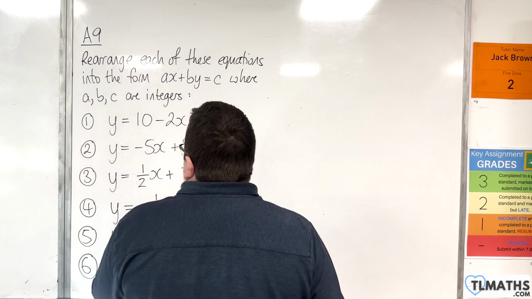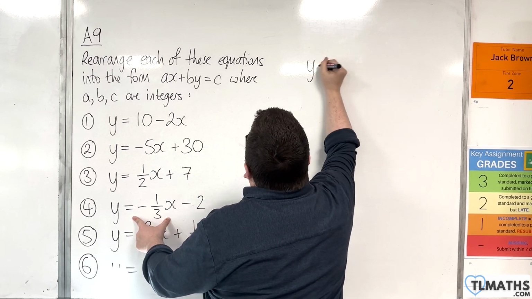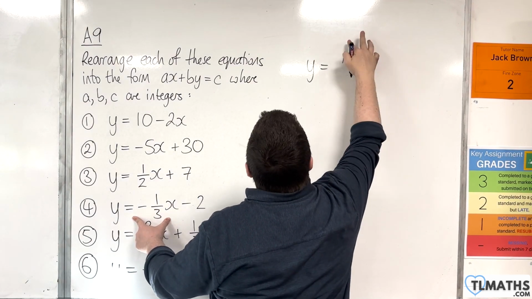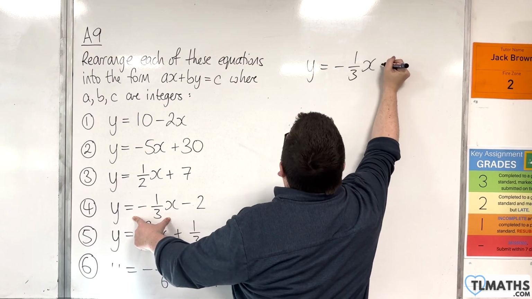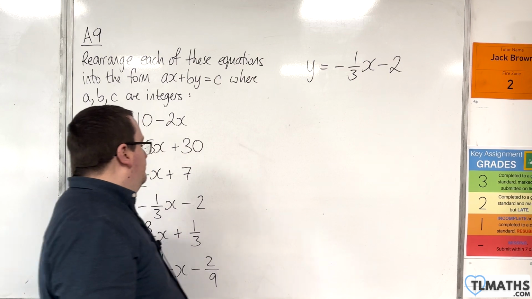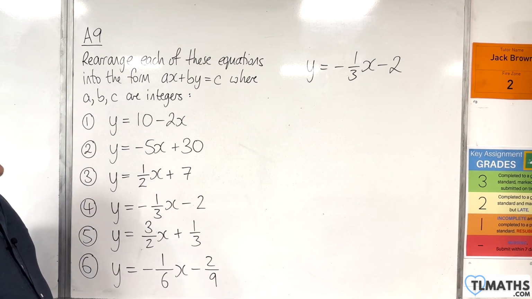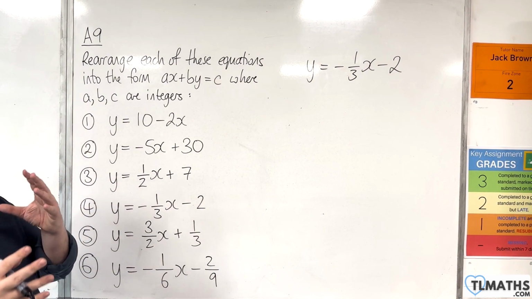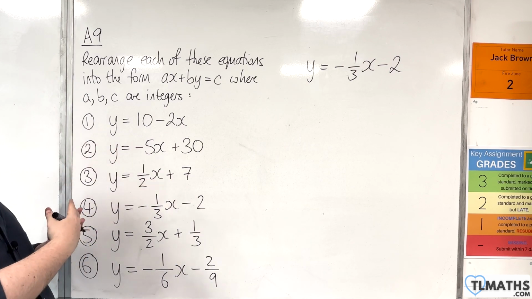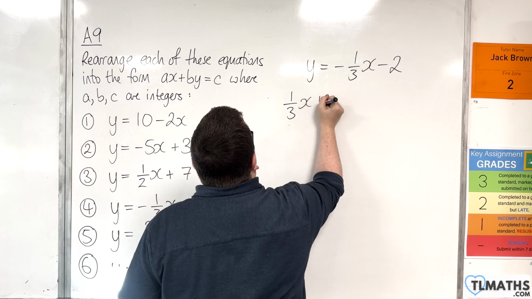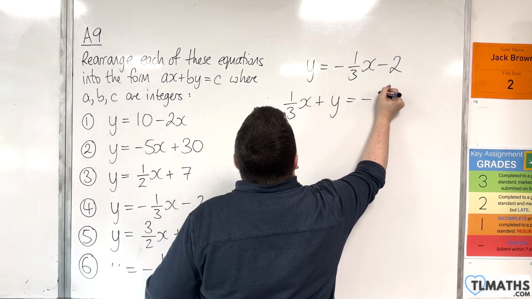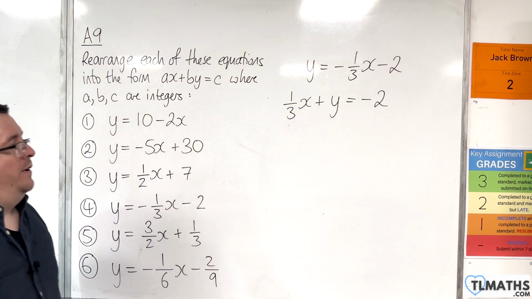Right, the next one is y equals minus 1/3 x take away 2. So again, what I'll do is I'll add 1/3 x to both sides, rearranging it first. So I'm left with minus 2 on the right-hand side.